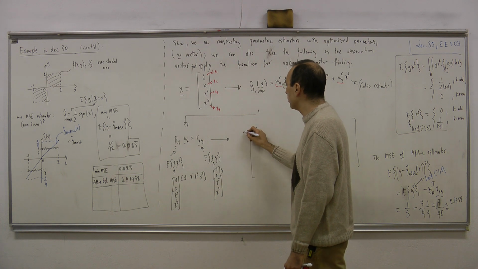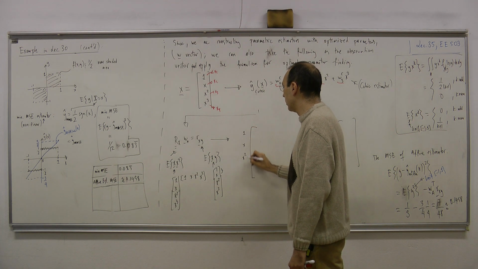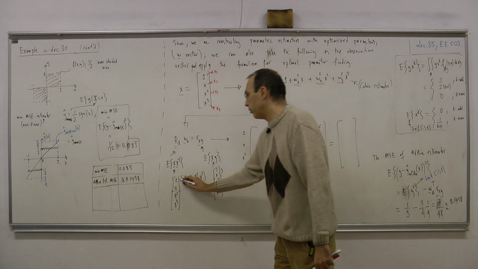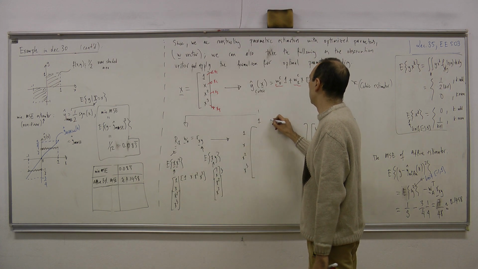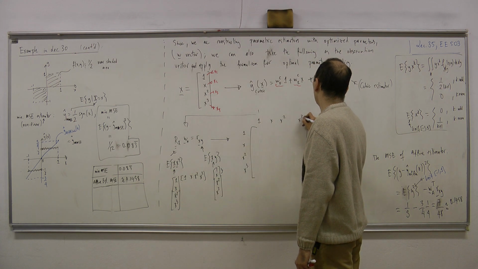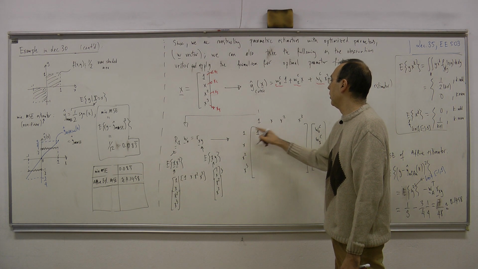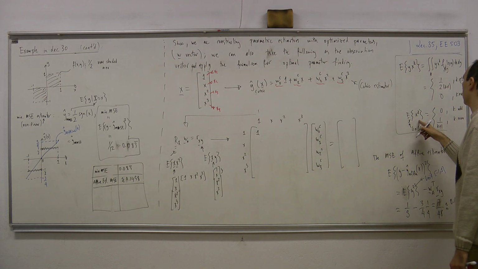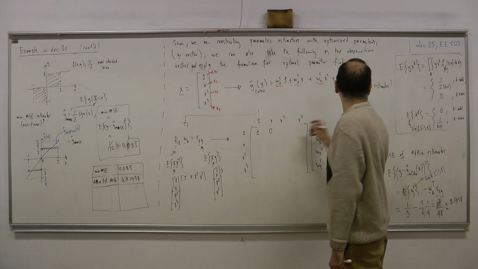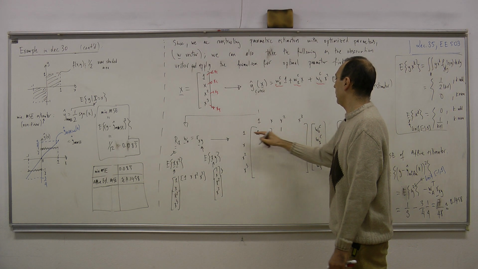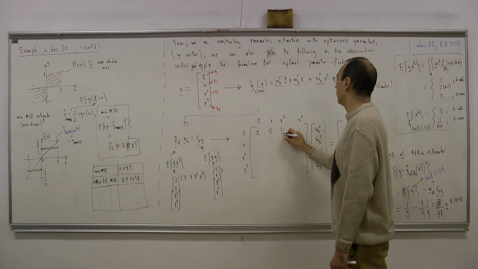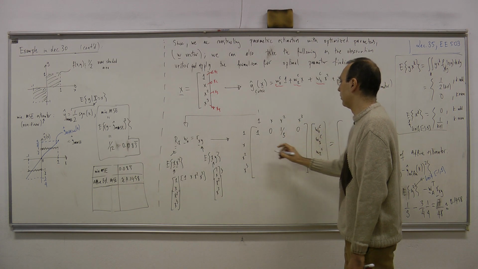This is 1, this is x, this is x squared, this is x cube, this vector. So 1 times 1, expected value is 1. Expected value of x, 0. Then I have expected value of x squared, 1/3. This is 0.